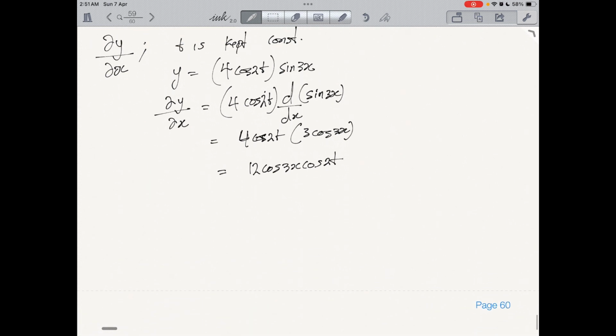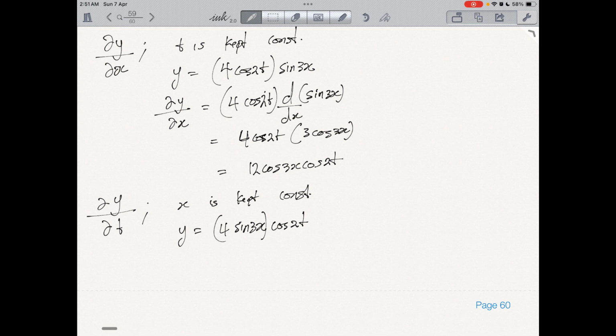Now let's take the partial derivative of y with respect to t. In this case, our x is kept constant. The given question is y equal to 4 sine 3x cos 2t. Therefore, 4 sine 3x is the constant.